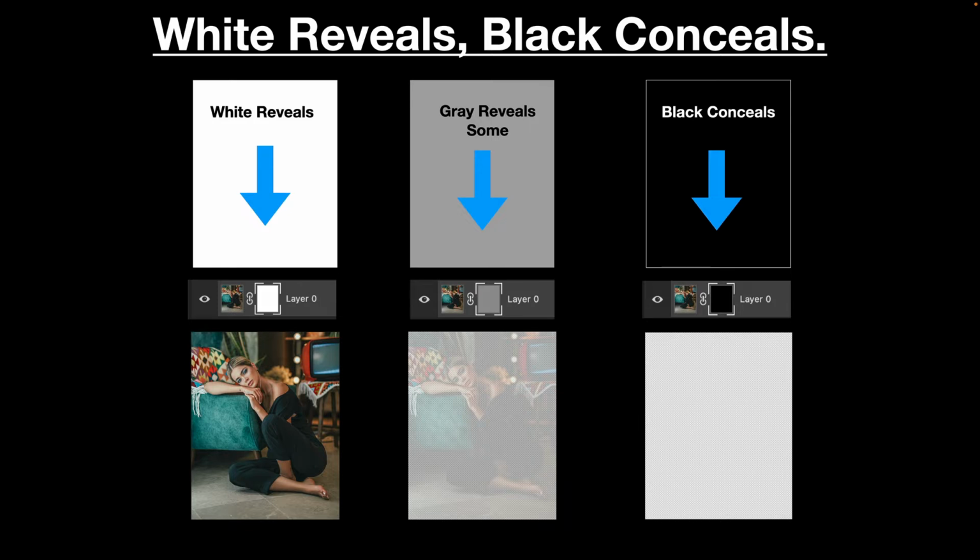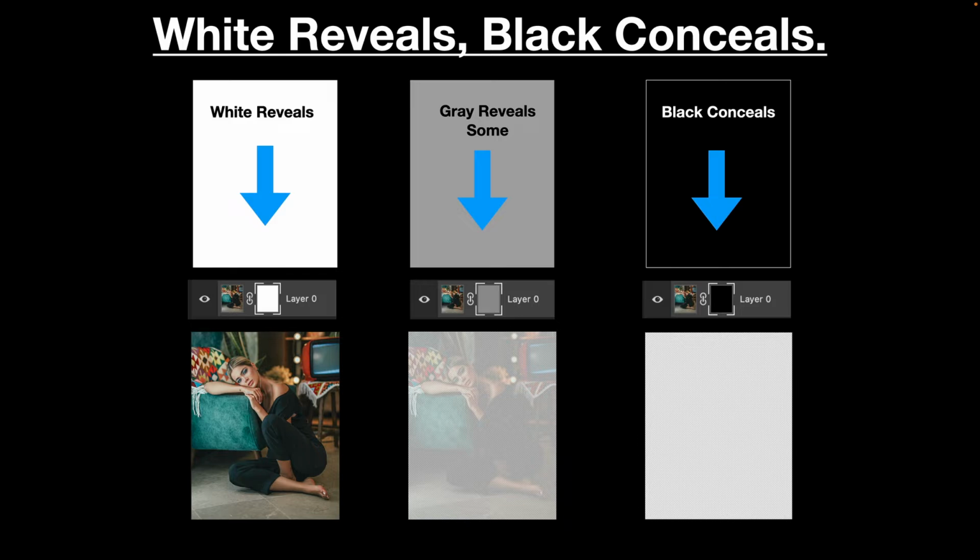If I put a white mask on this picture, what's going to happen? Well, it's going to reveal the image. So the image is going to display because white reveals. Now with gray, gray is in between black and white, so therefore it's going to let part of the picture come through, and we're displaying that there.